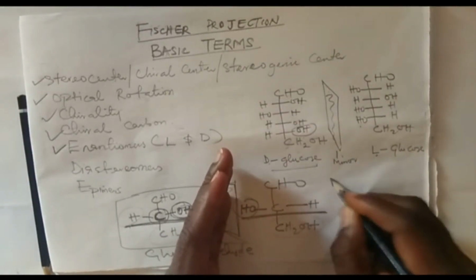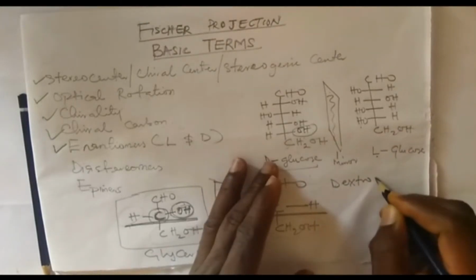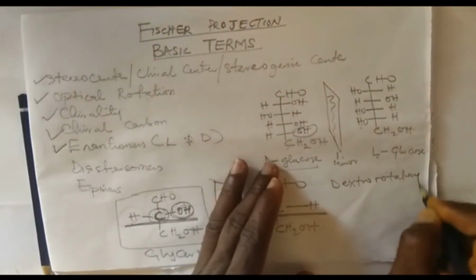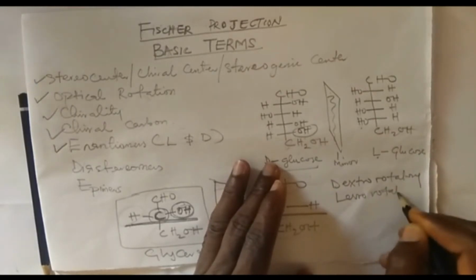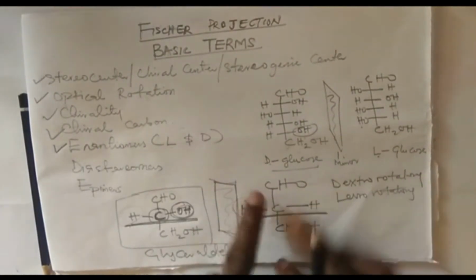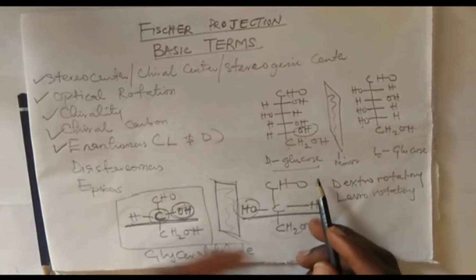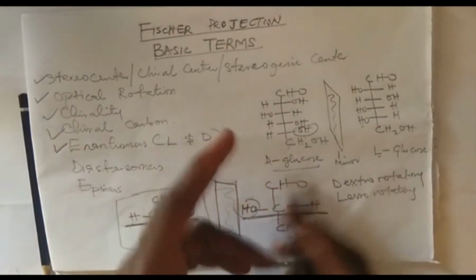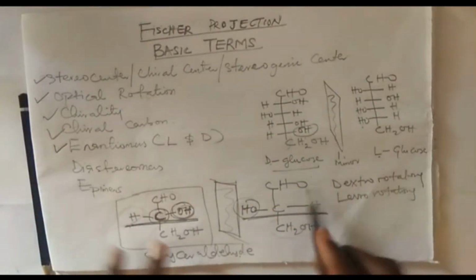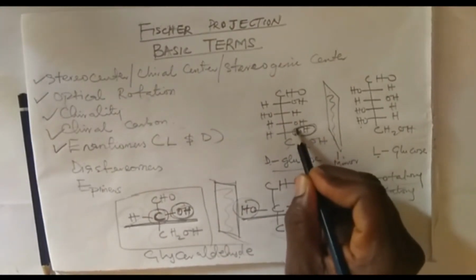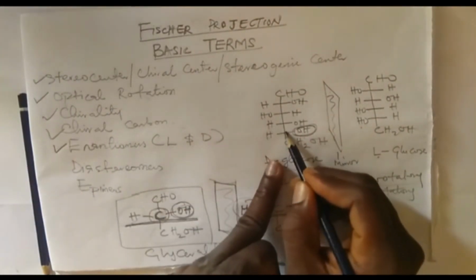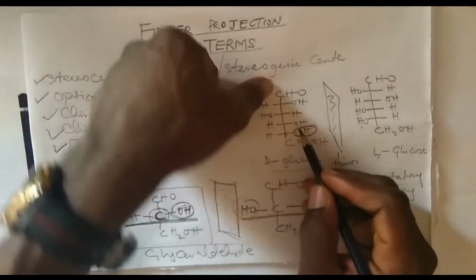And D stands for dextrorotatory, and L stands for levorotatory. So wherever you see D-glucose, you are talking about dextrorotatory, and you now understand that L is when your OH is on the left, on the carbon farthest from your functional group.